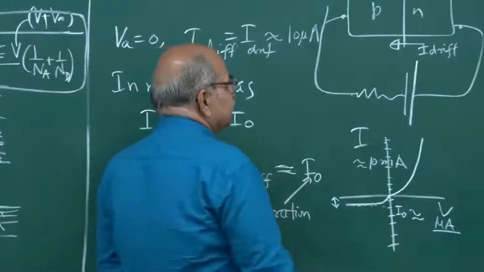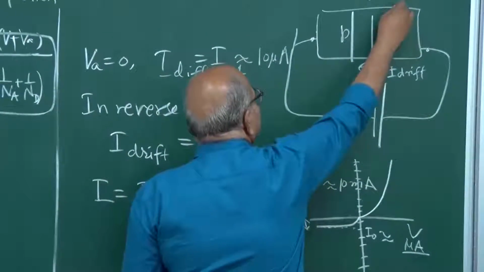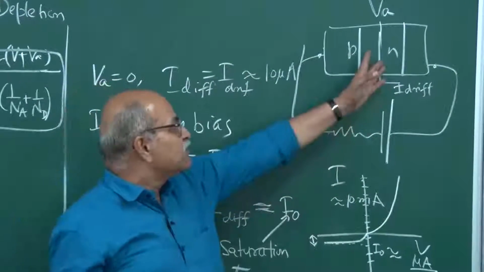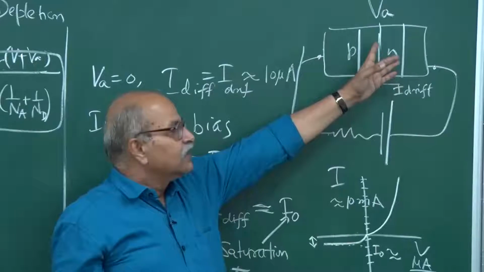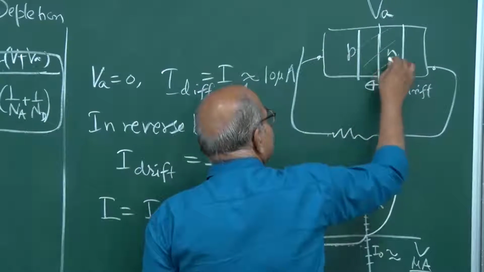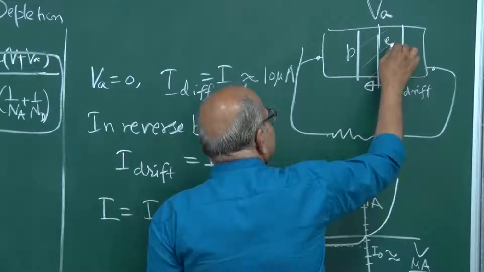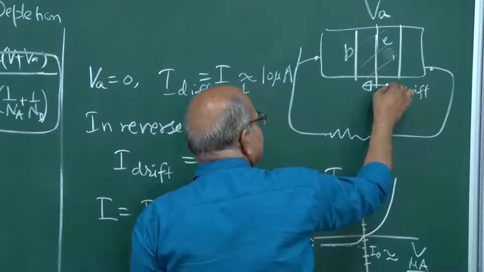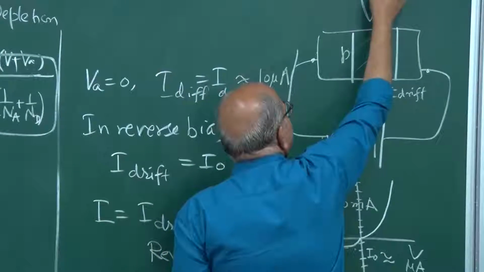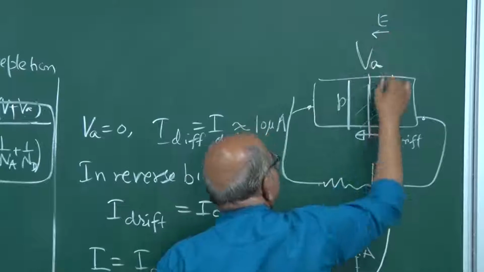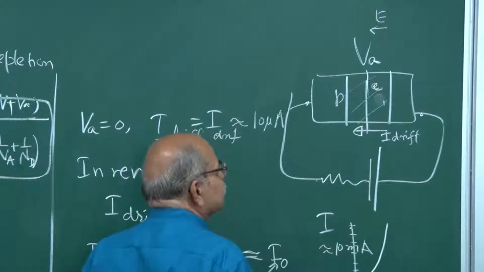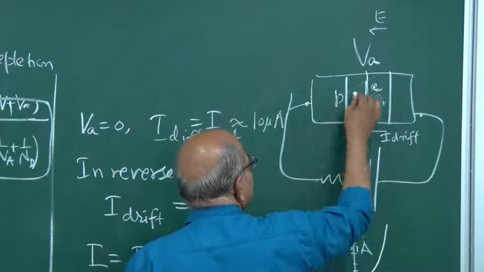So, the electrons or the holes which are drifting because of the electric field, an electron-hole pair is generated in this depletion layer, and that electron is, this is the drift, this is the direction of electric field, and therefore the electrons will go in this direction and holes will go in the opposite direction.